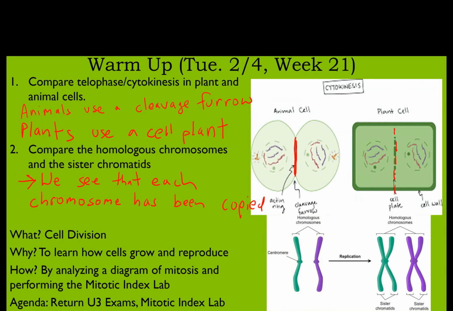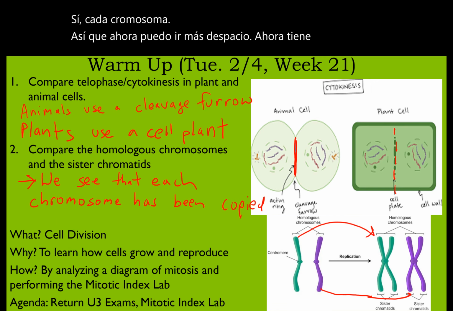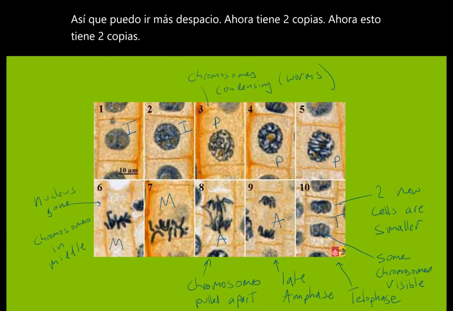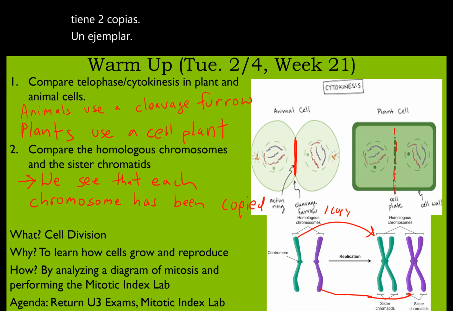Yeah, each chromosome. So now it has 2 copies. Now this has 2 copies. 1 copy. Now we have 2 copies. So 1 can go to each side.